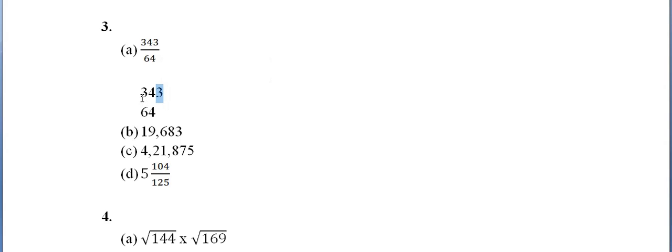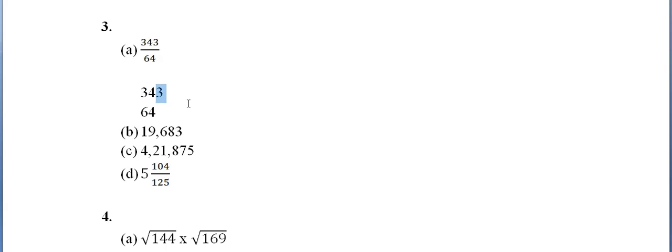And this number cannot be divided by 3 because 3 plus 4 plus 3 is equal to 10, and this 10 cannot be divided by 3, so forget about it. And since this number cannot be divided by 2, it cannot be divided by 4 also.